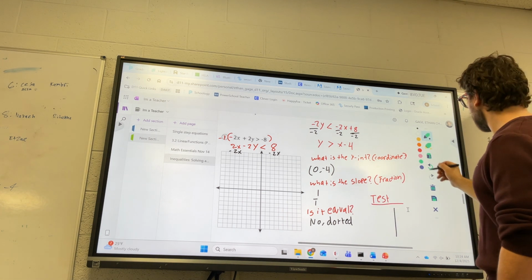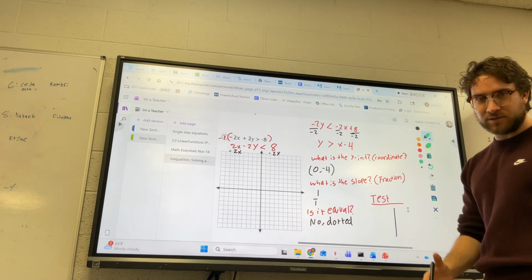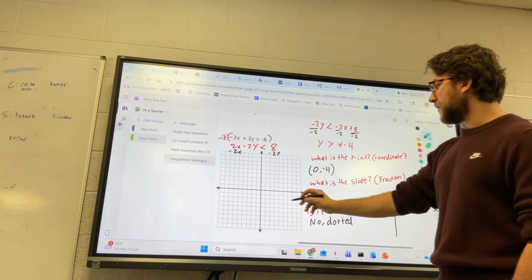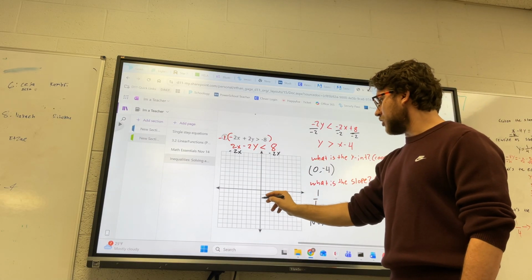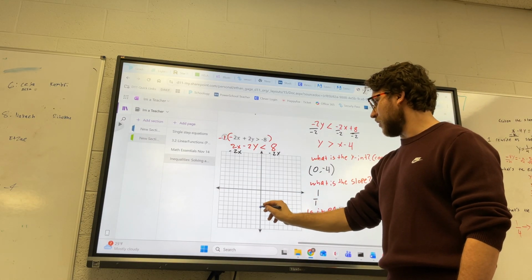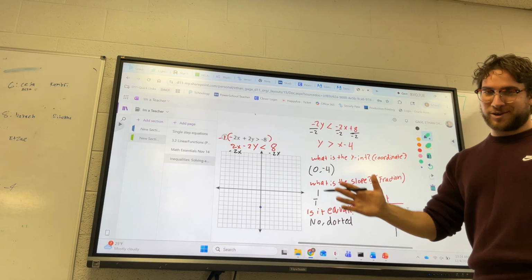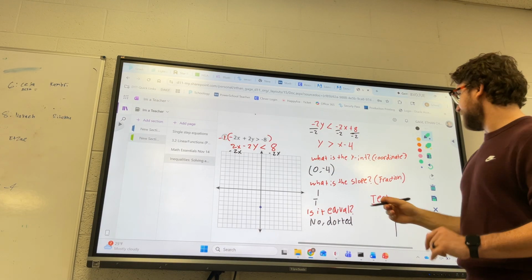Okay, we have enough information to start our graph. We have our first coordinate, 0, negative 4. We check, is it supposed to be negative? Yes, good. I didn't make a mistake again.